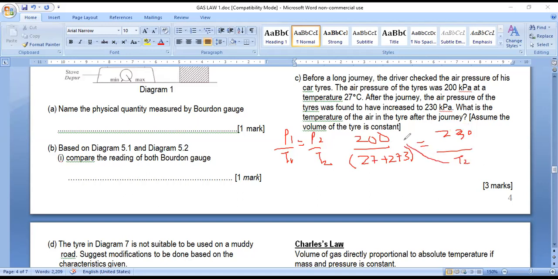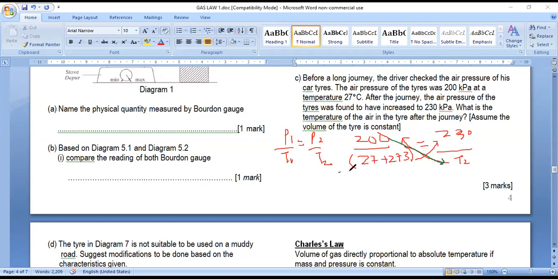So what happened? Cross multiply, the 200 goes down. So it will be 230 times 27 plus 273, divided by 200.